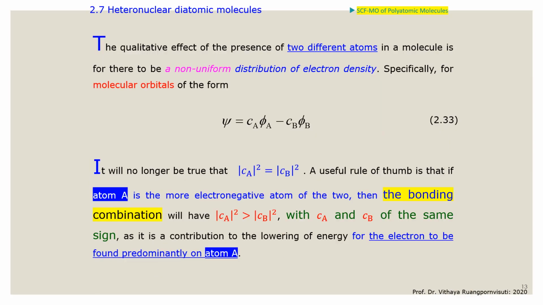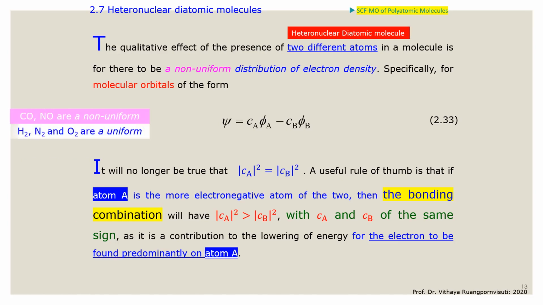The heteronuclear diatomic molecules. The qualitative effect of the presence of two different atoms in a molecule is for there to be a non-uniform distribution of electron density, specifically for molecular orbitals of the form shown in equation 2.23.